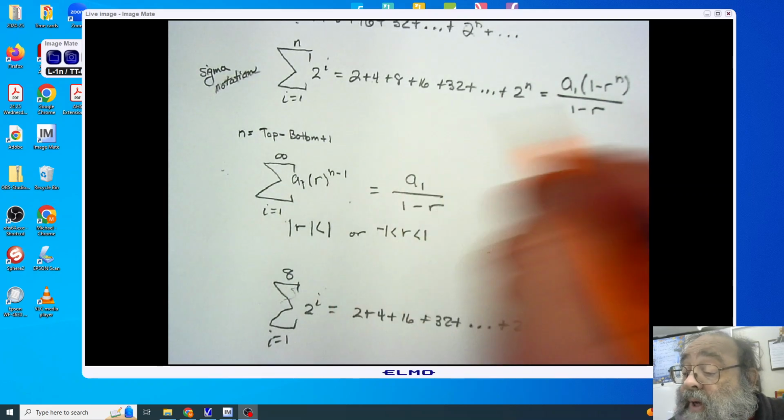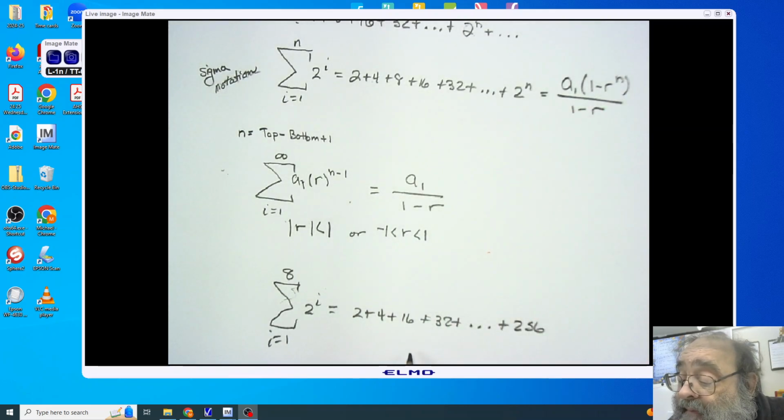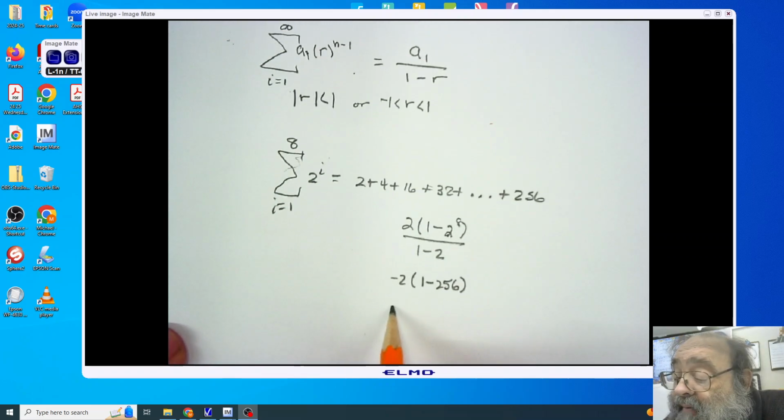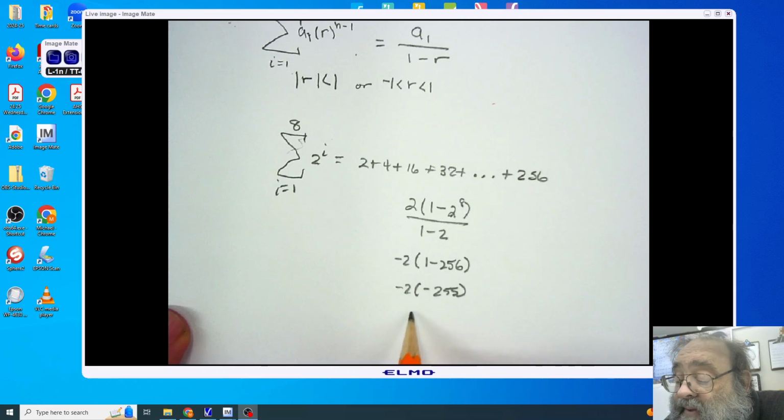According to the rules and our information that we have, we would then have our first term, 1 minus 2 to the 8th power divided by 1 minus 2, gives us negative 2 times 1 minus 256, which is going to give us negative 2 times negative 255, and that's giving us 510.